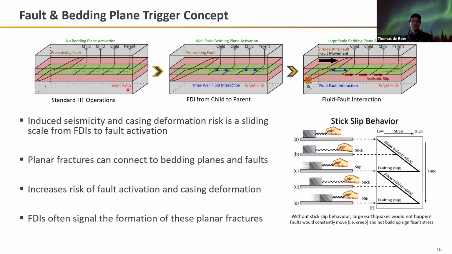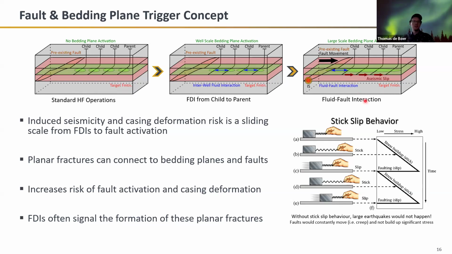We can start to measure things like fracture-driven interactions by monitoring offset wells to the well that's actively completing a stage. We can see that there are sometimes pressure spikes or interactions with these offset wells. What this can indicate is that we're forming larger, less complex, more planar fractures that are allowing pressure to be transferred within the subsurface to these neighboring wells.